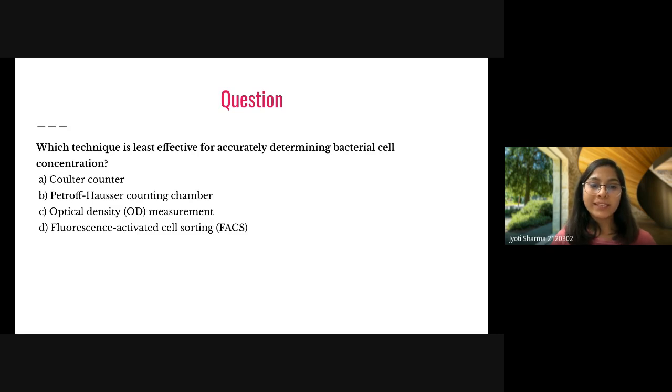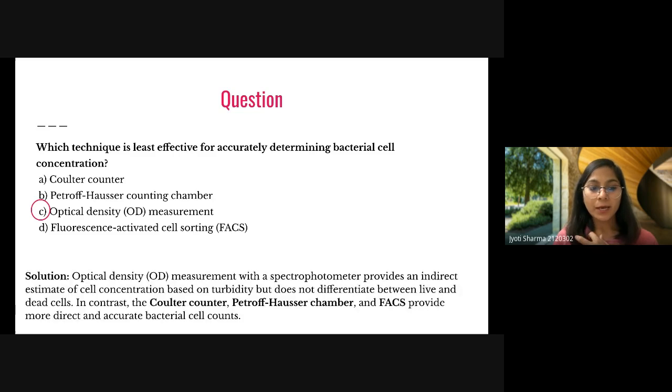Okay, which technique is least effective for accurately determining bacterial cell concentration? So let me tell you, this is the optical density measurement, because this provides an indirect estimation based on turbidity, but does not differentiate between live and dead cells. If you know the principle of the spectrophotometer, a light is given to the sample, and based on the absorbed light, this will tell you the density of the bacteria.